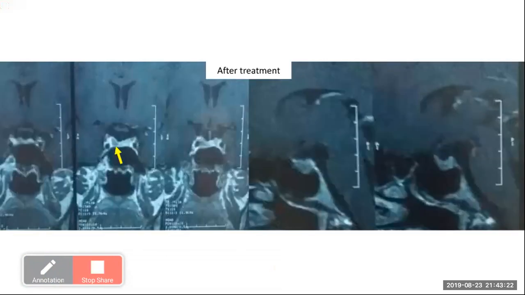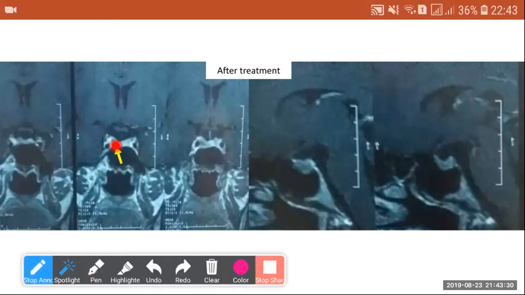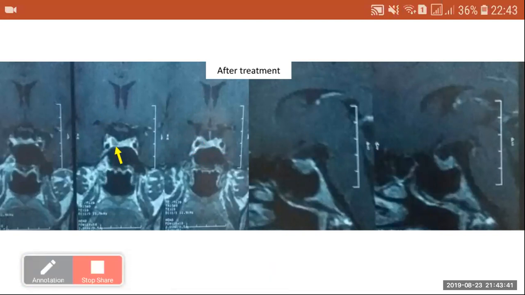We put this patient on cabergoline treatment without any surgical treatment, and after 3 months of treatment, we see that this adenoma shrank, the pituitary stalk became normal, and the anterior pituitary became normal in size. So that was a hemorrhagic prolactinoma.